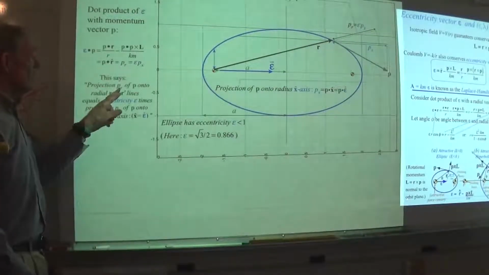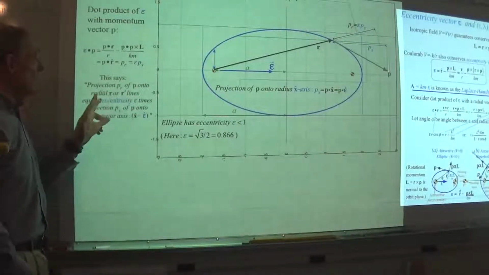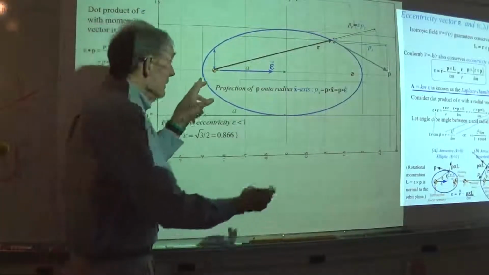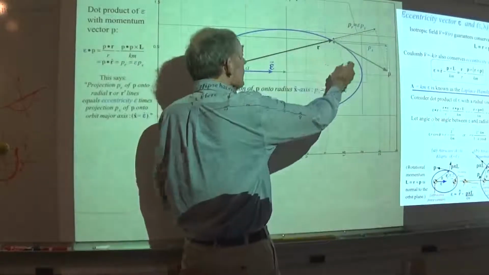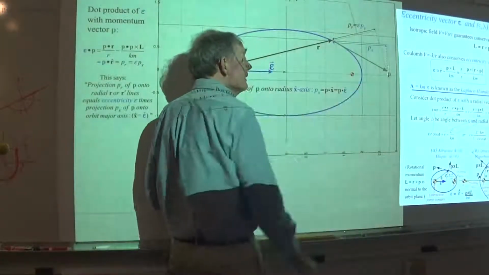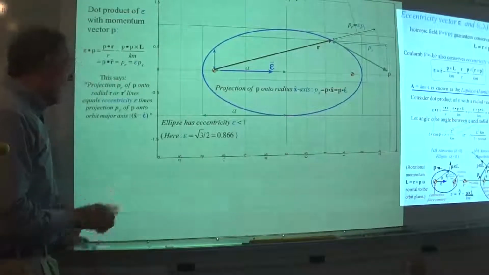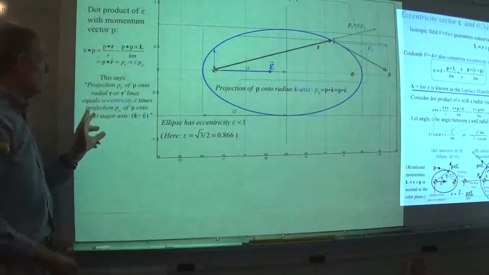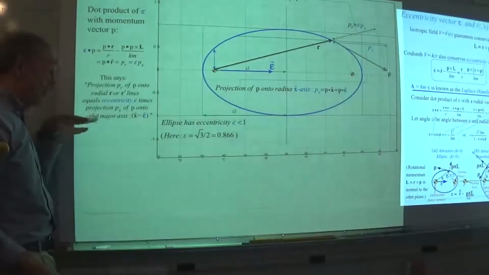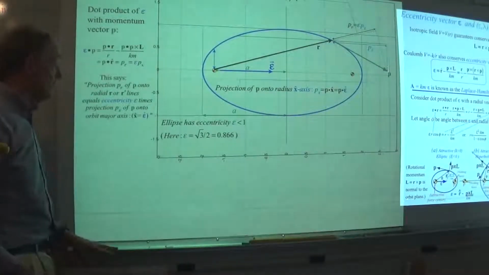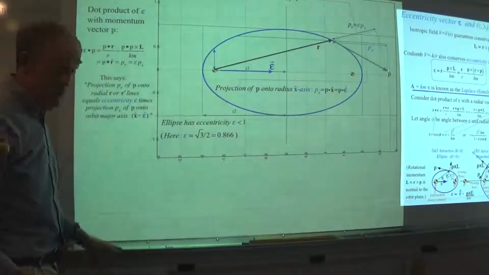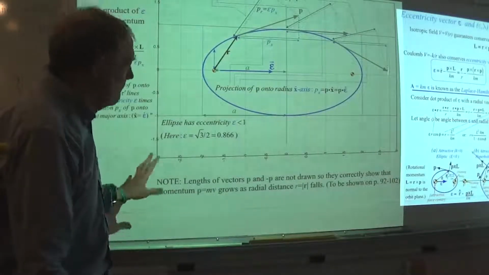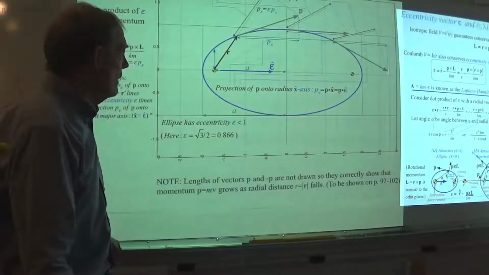It says the projection P_R of the momentum onto the radius, the R or R prime radii, either the radius that actually comes from the force center or the radius that comes from the nothing burger focus, has to be epsilon times the projection P_x onto the x-axis, the axis that has the eccentricity vector, the unit eccentricity vector. So that's kind of a neat thing that we can use for some stuff. It's kind of hidden in what we're about to do.